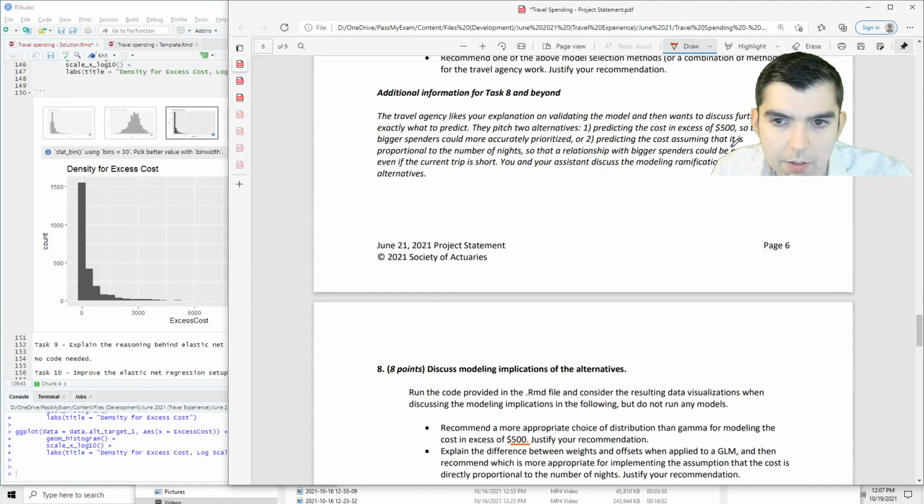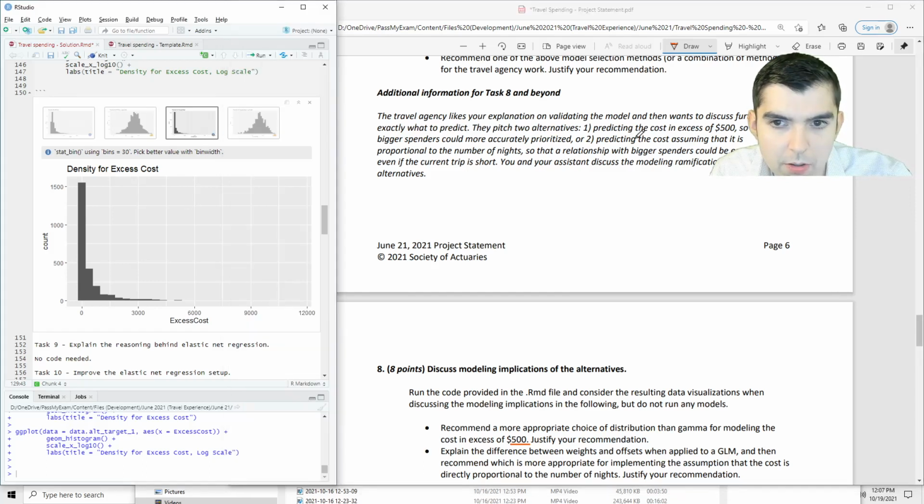Likes your explanation of validating the model. Two alternatives. One, predicting the cost of excess 500 to the bigger spenders. So that's this distribution here. Two, predicting the cost assuming it's proportional to the number of nights.